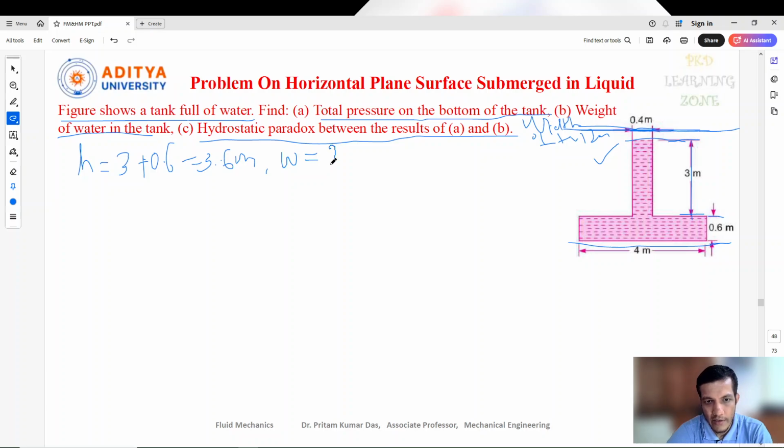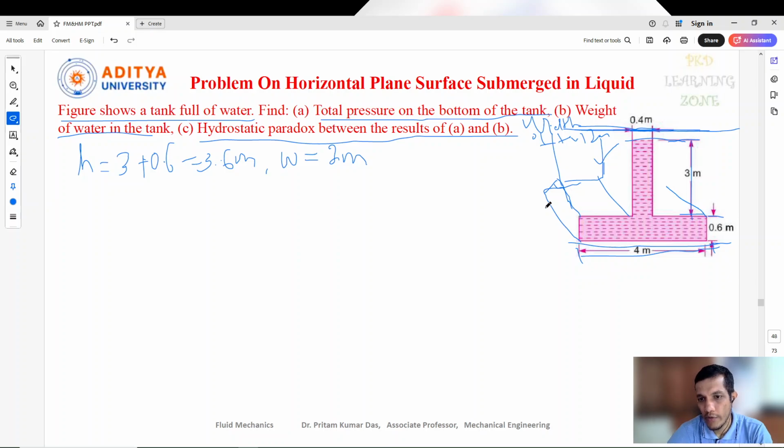So we can write width equal to 2 meter. In this way, the tank has a total height, length and width. It should be like this, and this will be the height.